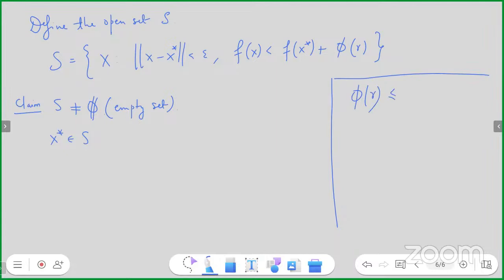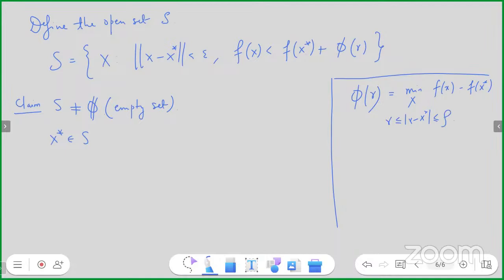But what is the definition of phi of r? On the annulus, it is equal to the min over x of f of x minus f of x star, in the region where x minus x star is between what and what? Between r and rho.